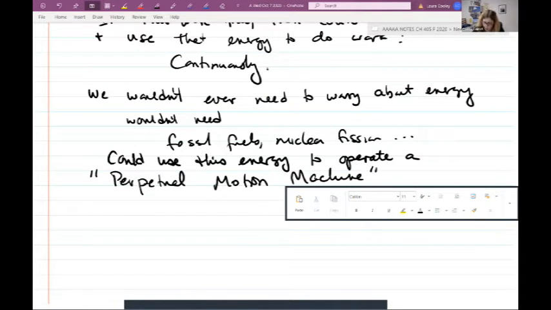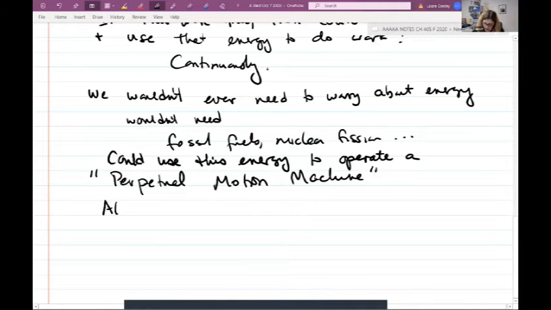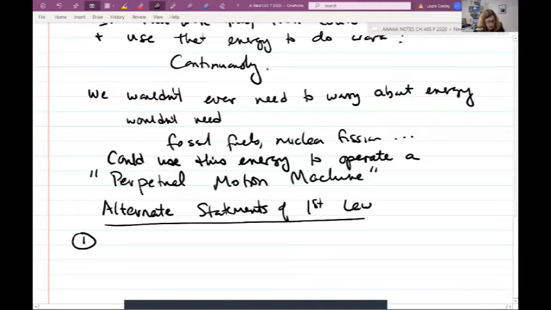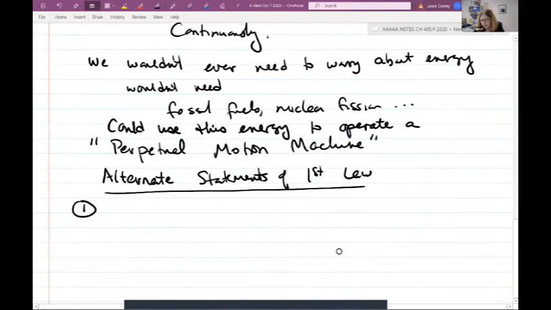Okay, so when I talk about alternate statements for the first law, and I gave you a few of these, right? But here's a really good one. Here it is. U is a state function.